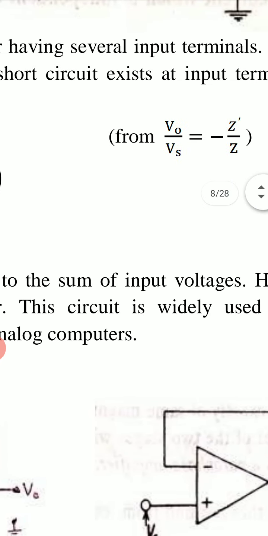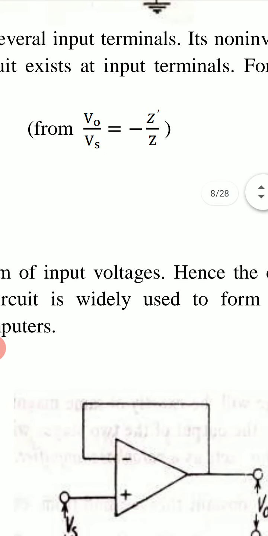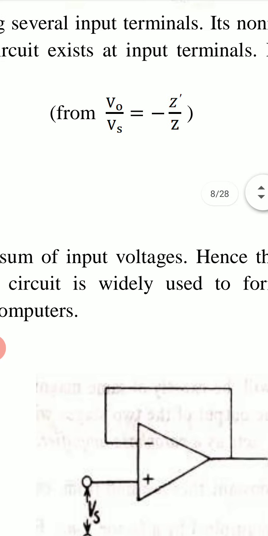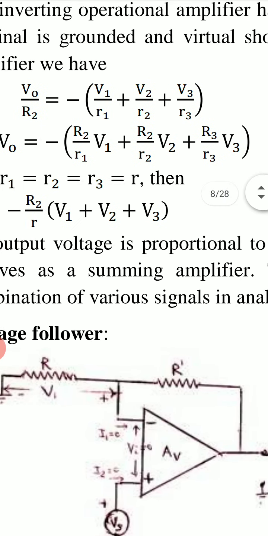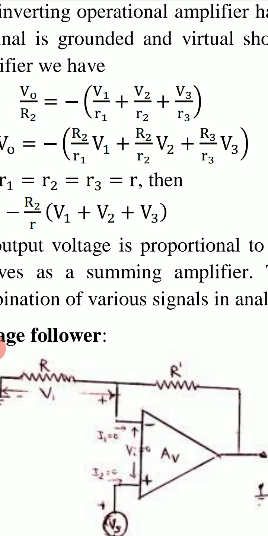And from this relation we have VO upon Z dash equal to minus Vs upon Z. Then here in the right hand side we have minus Vs upon Z, and minus Vs upon Z is equal to the sum of these three terms, V1 upon R1 plus V2 upon R2 plus V3 upon R3.